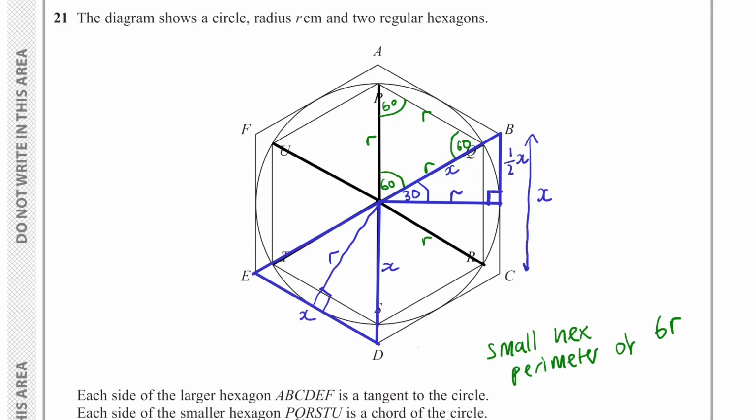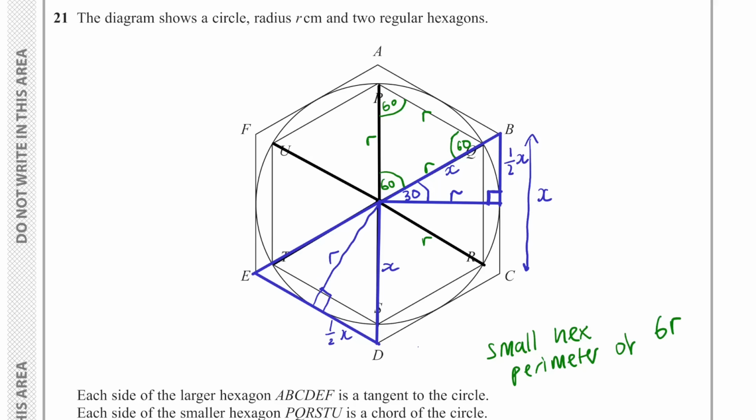So we could use Pythagoras with half x, x and r, or SOHCAHTOA with the 30-degree angle, x and r, or half x and r, however we want to do it, but we can get x in terms of r. I'm going to use the SOHCAHTOA.